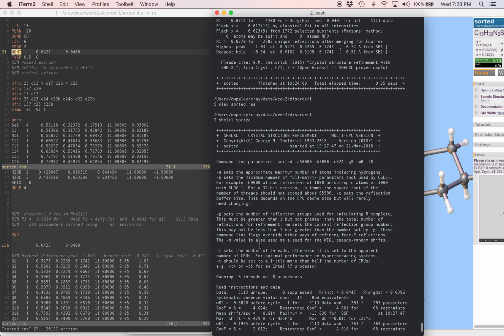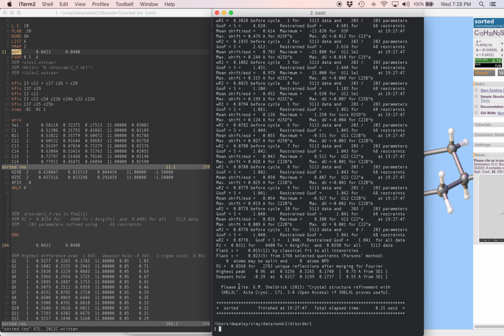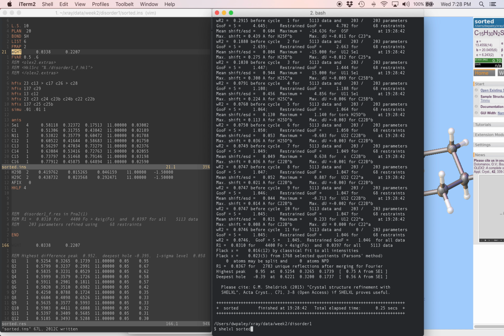Sometimes you can be pretty concerned about the difference map that you're seeing, and once you get a more appropriate weighting scheme, you'll see that it looks better than it did before. It takes a few rounds before the weighting scheme is going to converge. So I'm going to come over here and reload my res file, repaste into my ins file, and repeat the refinement. And then repeat this job a couple more times.